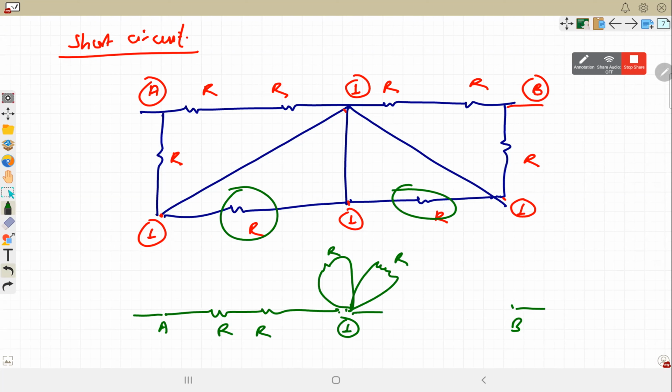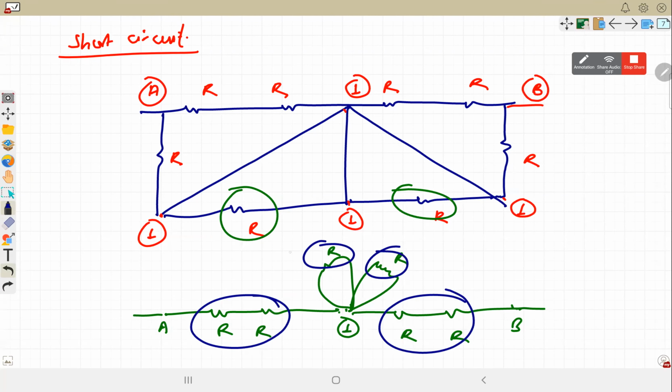And then between 1 and B, these two R and R. So these two R and 2R will be in series and these two will be gone. These two are short circuited. When both the terminals are connected together, they are short circuited. 2R and 2R, this becomes 4R. So equivalent resistance is 4R. Right? Okay.